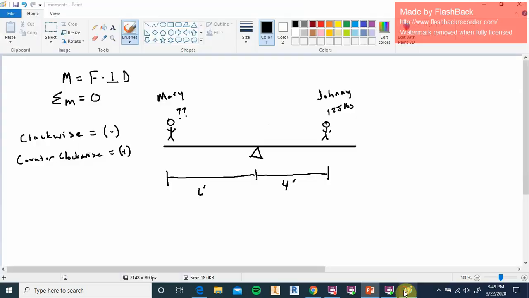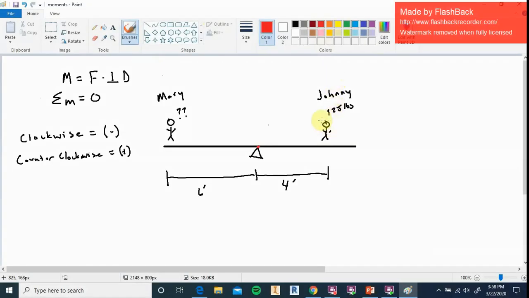Okay, so we're going to take a look at this a little bit further. Here you can see we have Johnny, and Johnny standing at this 4 feet is going to cause a moment. If Mary were not standing on this side, we all know that Johnny would travel in this direction until the seesaw hit the ground, right?